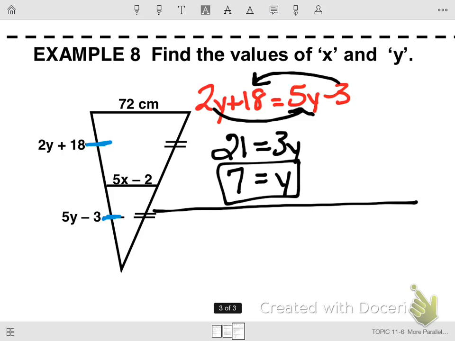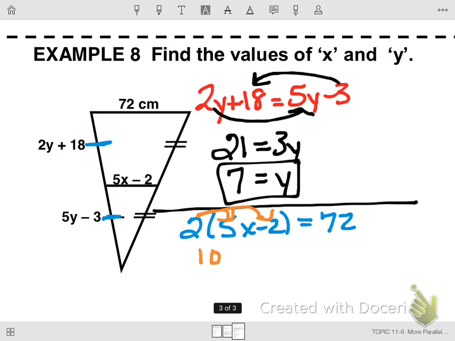Now to solve for x, since it is half the length of the third side, I need to double the smaller one. So I'm going to do 2 times 5x minus 2 equals 72. We will need to distribute the 2.